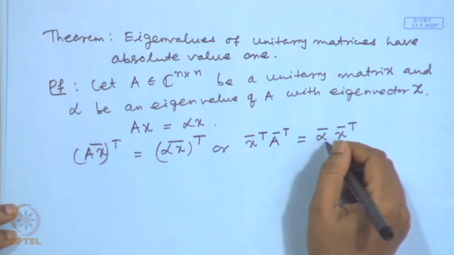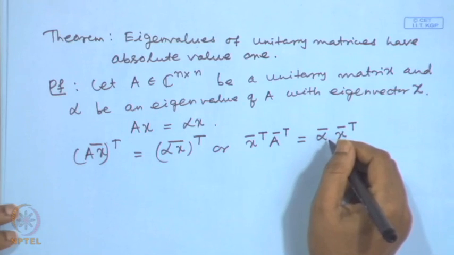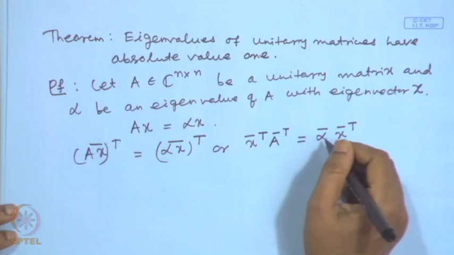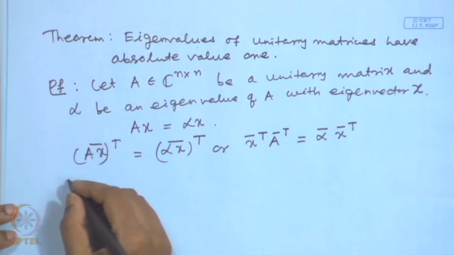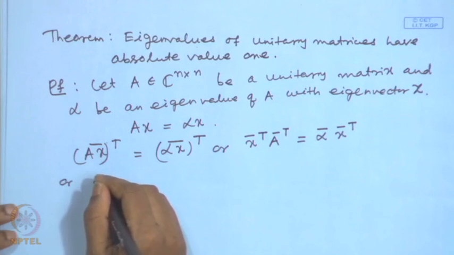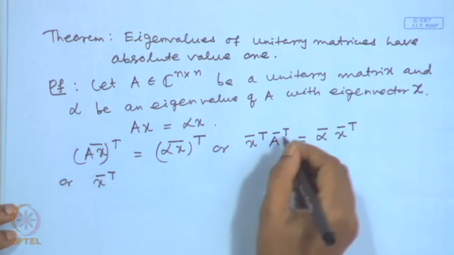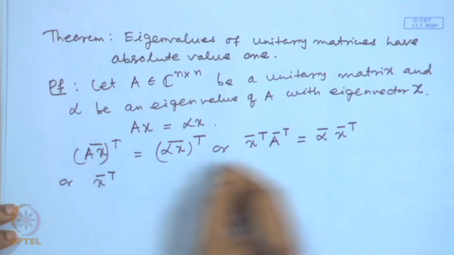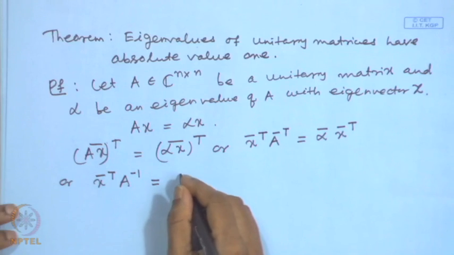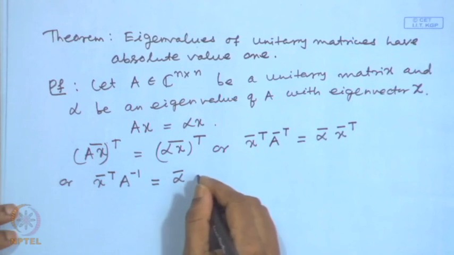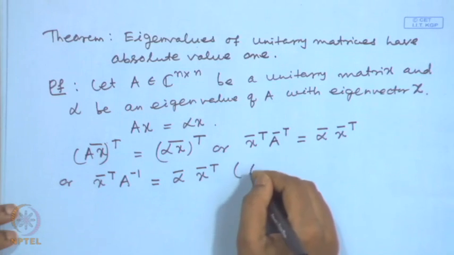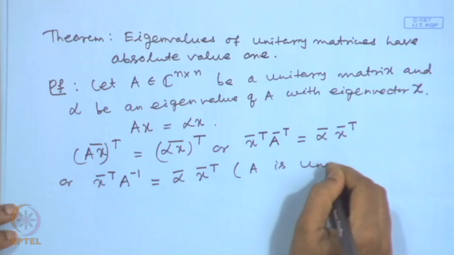Since alpha is a scalar, its transpose is itself, so there is no point in taking the transpose of this scalar quantity. We can write this as x conjugate transpose times A conjugate transpose, and that is equal to A inverse, because A is a unitary matrix. So, this is true because A is unitary.